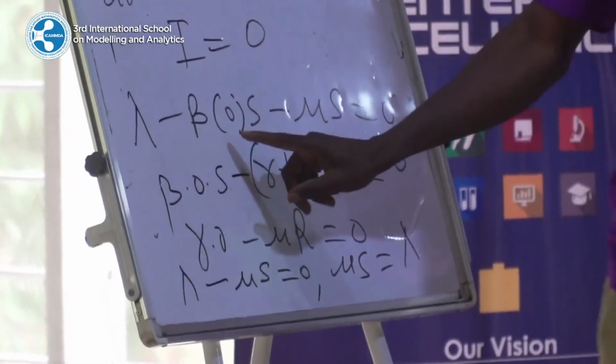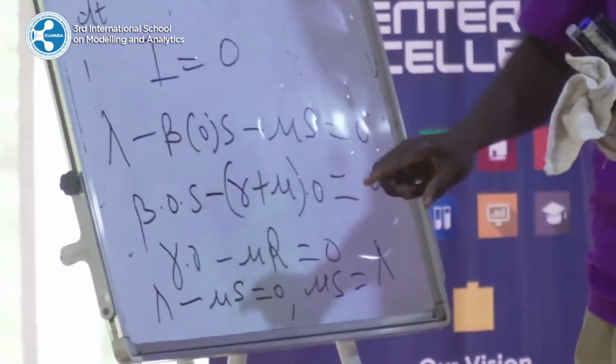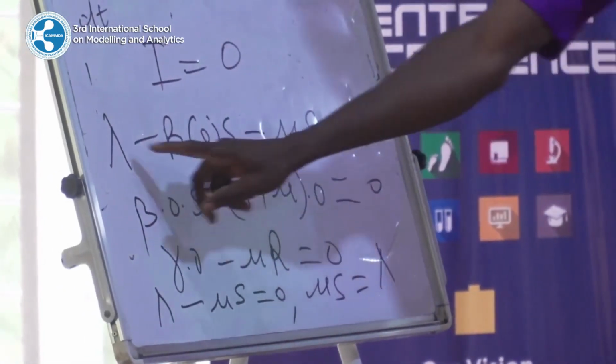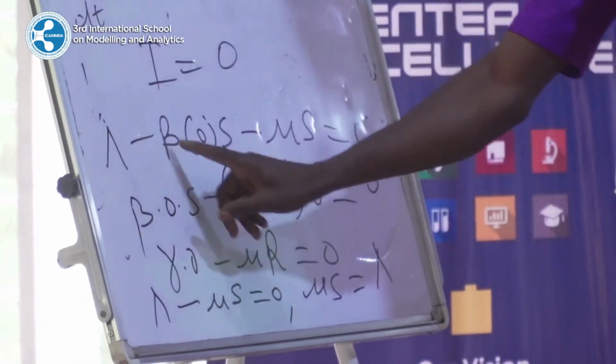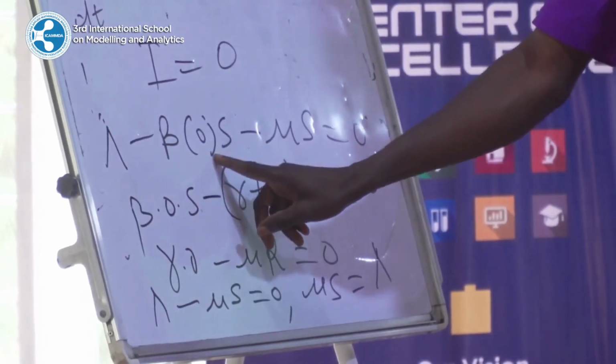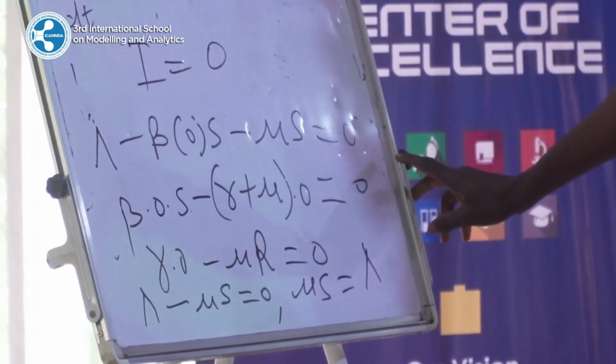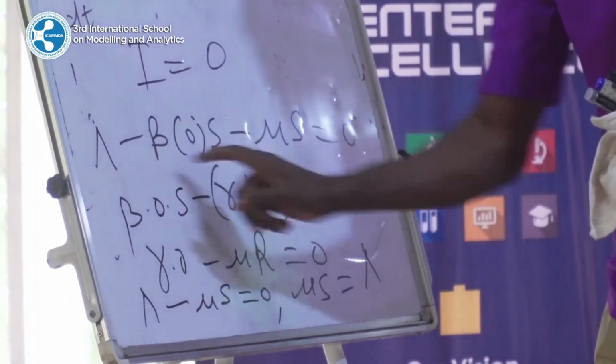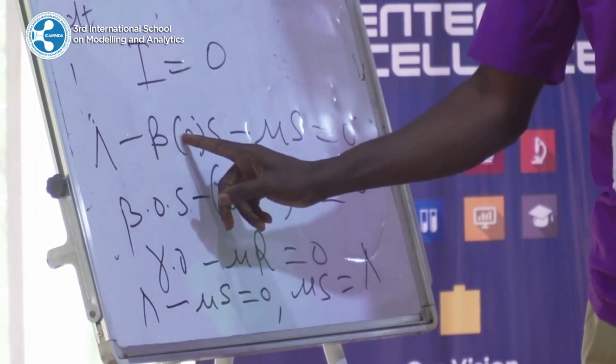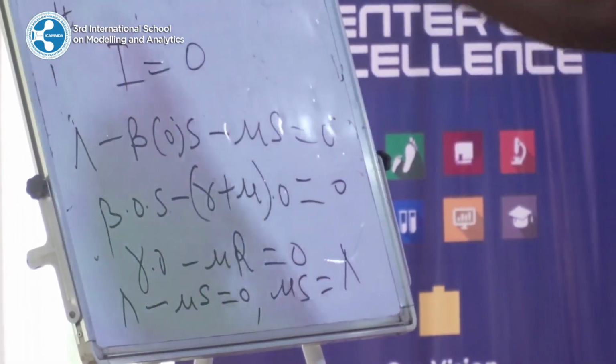B times 0. We have lambda minus beta times 0, because I is 0, times S minus mu S equals 0. So if you multiply, this term will become 0. And that was what I said the other day.